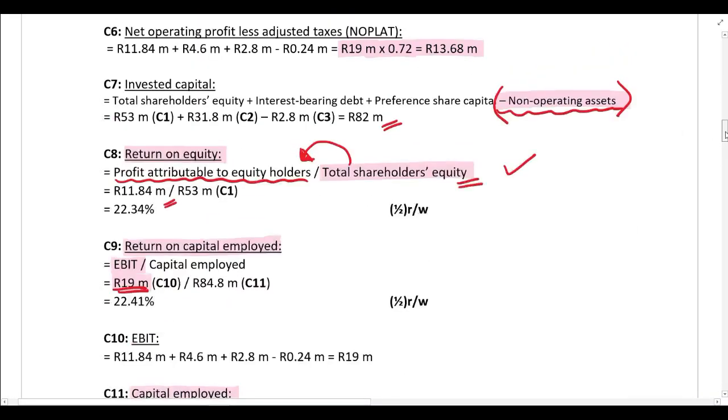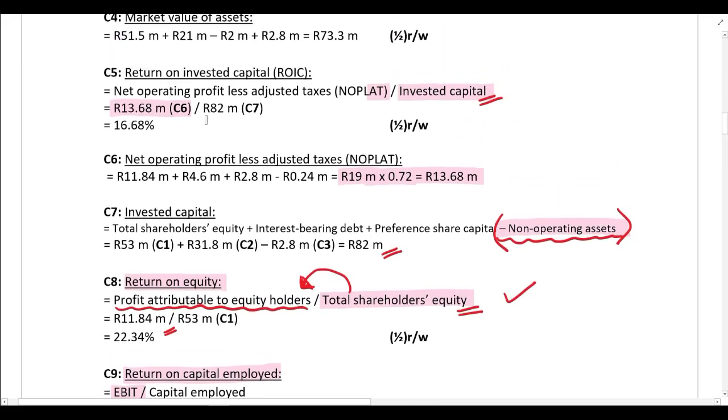So first we have return on invested capital, okay, which is 16.68%. And you'll remember we said because this is after tax, it can be benchmarked to the WACC. The WACC is the minimum return that your investors want after tax, and this is the actual return that the investors are getting after tax.